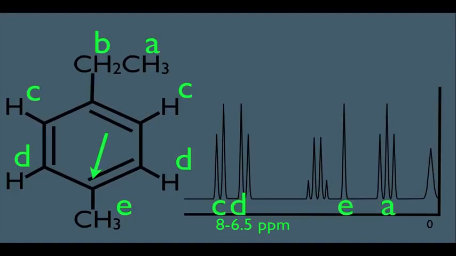It has no hydrogens on it, so N equals 0 for the E hydrogens, which means 0 plus 1 is 1. We should expect to see a singlet. And lastly, this should be the signal for the B-type hydrogens. Notice these B hydrogens right here only have A as their neighboring hydrogens, and there happens to be 3 of them. 3 plus 1 is 4, so that's why B is appearing as a quartet.